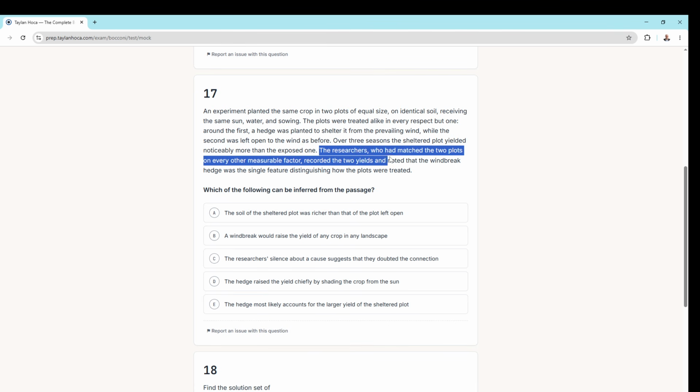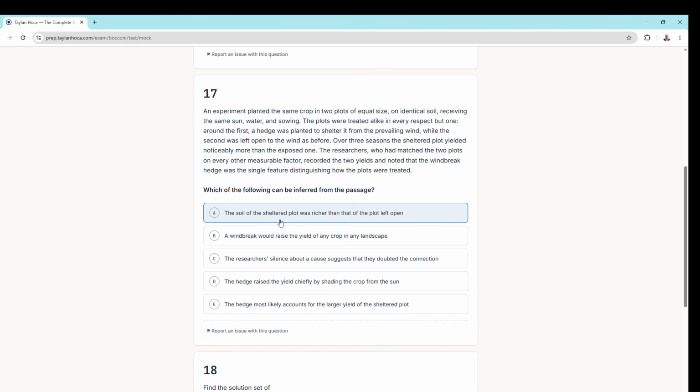Alright, let's read it again. Matched the two plots on every measure. Recorded the two yields and noted that the windbreak hedge was the single feature. The soil of the sheltered plot was rich? No, identical soil. A windbreak would raise the yield of... no. In any landscape... The researchers' silence about the cause suggests that they... The hedge raised the yield chiefly by shading the crop from the sun.